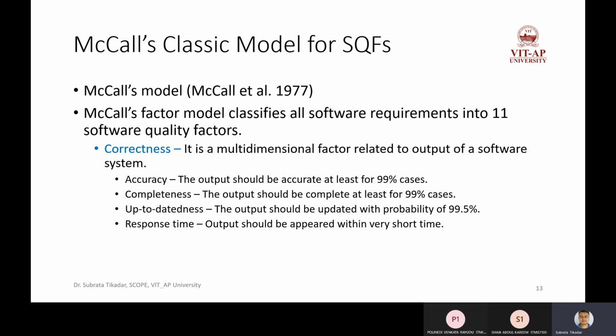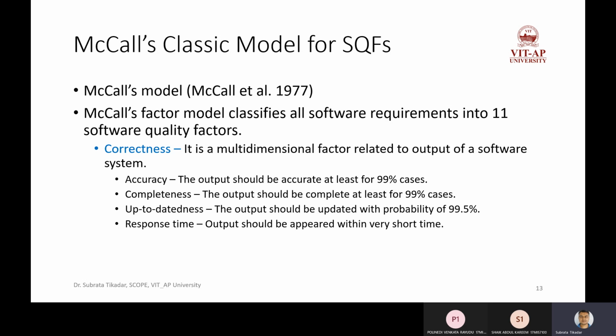For example, if you print the address of the employees, at least for 99% cases, no information should be absent. Like phone number should not be missed, or PIN number should not be missed in the address. So the completeness of the information should be there.